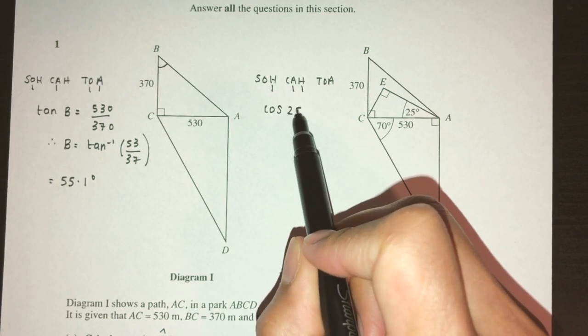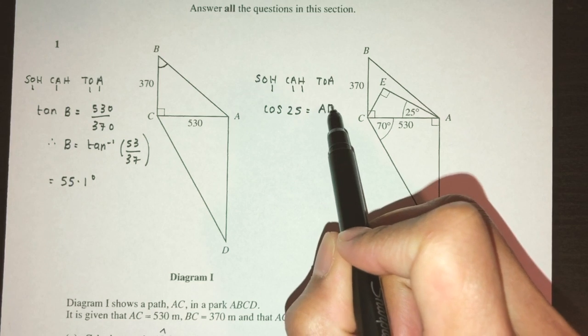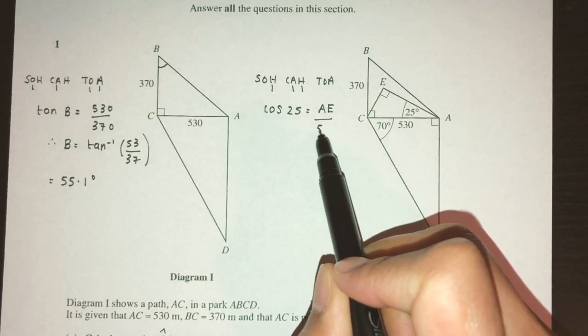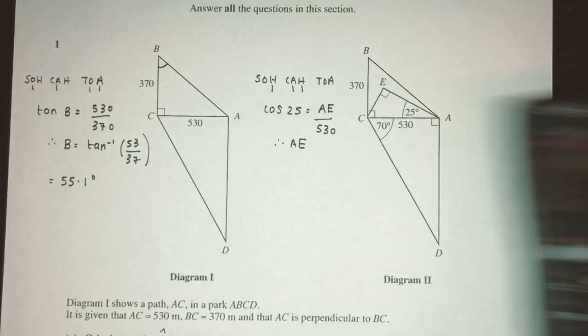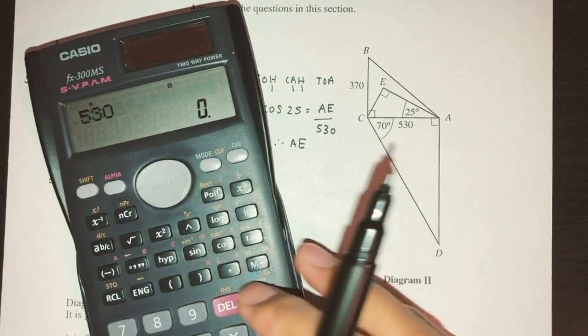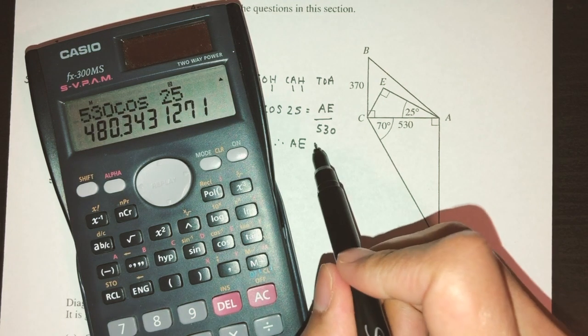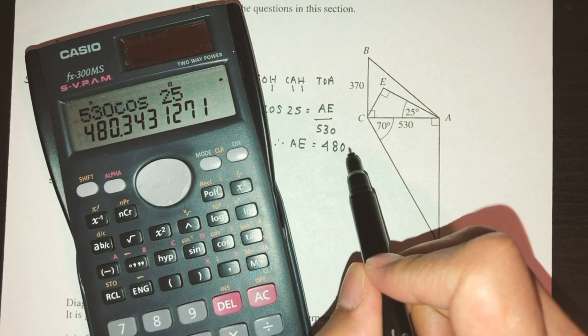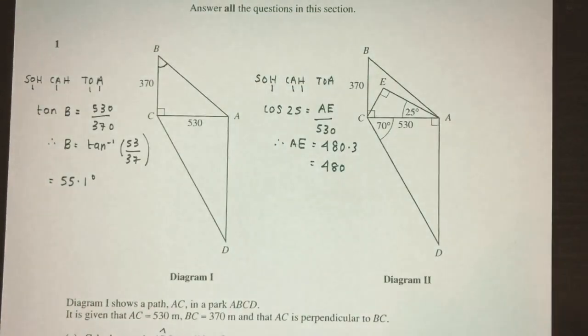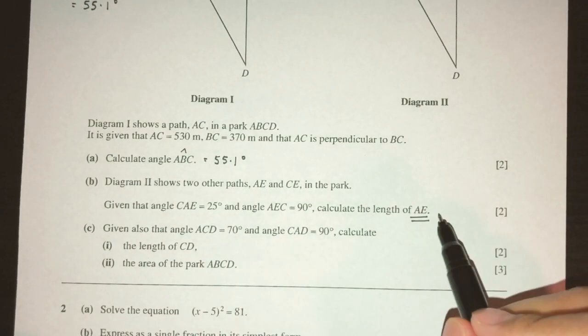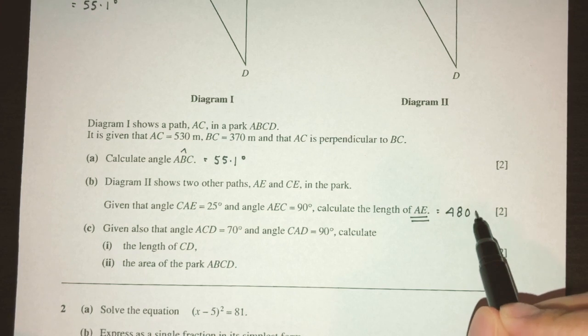Cos of the angle 25 is your A side, which is AE, over 530. We can cross multiply to find AE. That will be 530 cos 25, which is 480.3, but correct to 3SF, that will be 480. So the length of AE will be 480 meters.